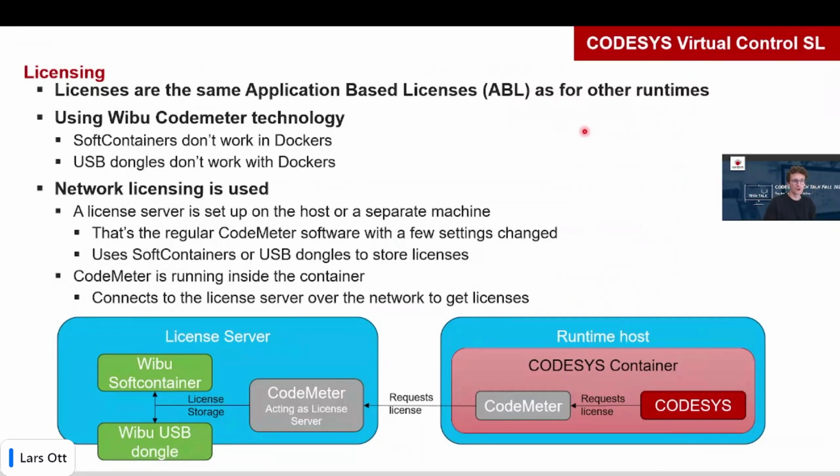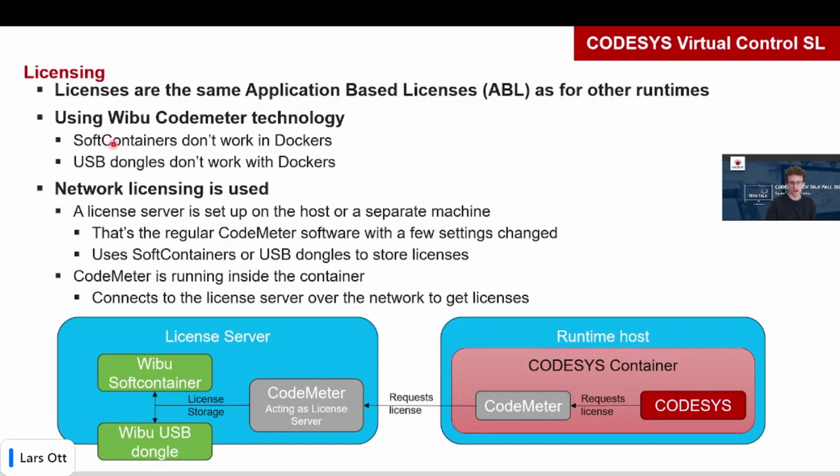Yeah, so you can buy them on the store, and then the question is, how do you make them available to this runtime? The VPLC still uses the Wibu CodeMeter technology that we use for all other licensing of our runtimes as well. The only difference is that you can't directly connect the soft container or USB dongle to it.